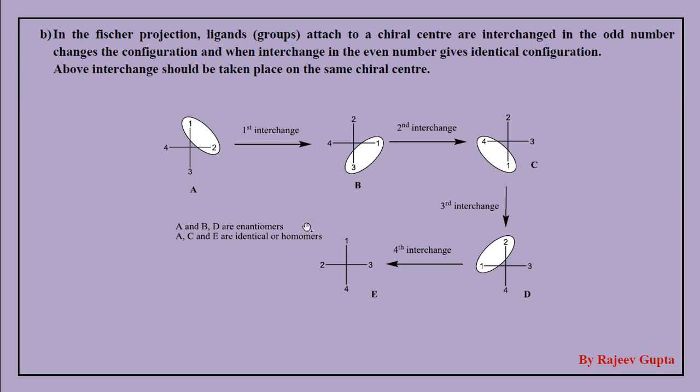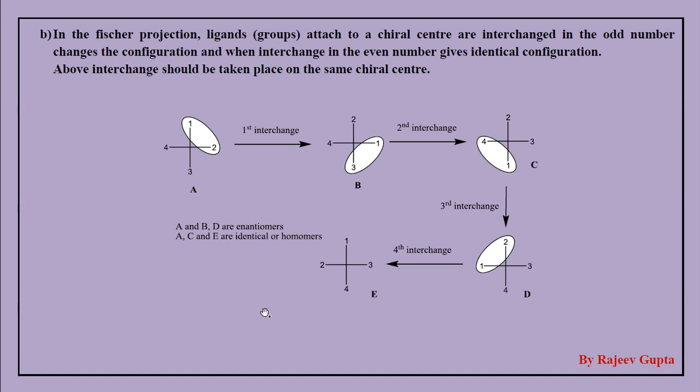Now this new term has come, homomer. What is a homomer? Homomer means identical, exactly the same compounds. Or we can say two molecular structures which are superimposable on each other are called homomers or identical.